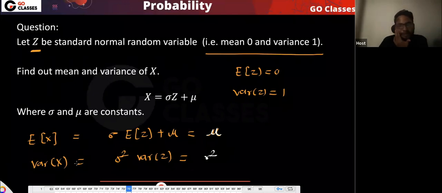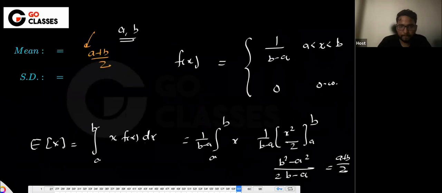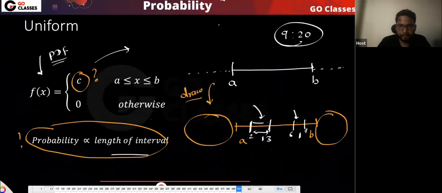Not a big deal. If you remember, I have just given you one example where I said this was 2, 5. There was one slide. Do you remember? Let me just show you. See.